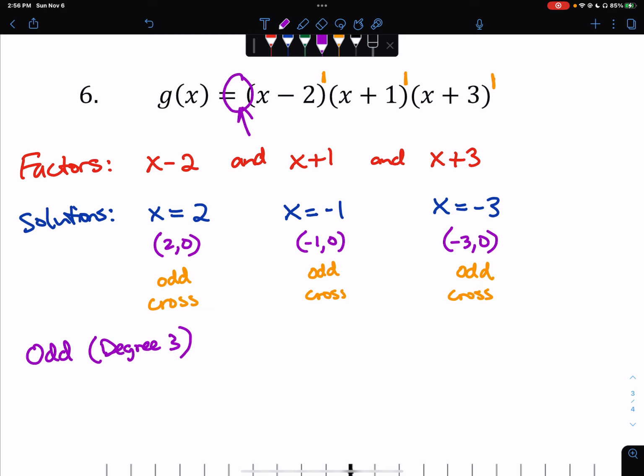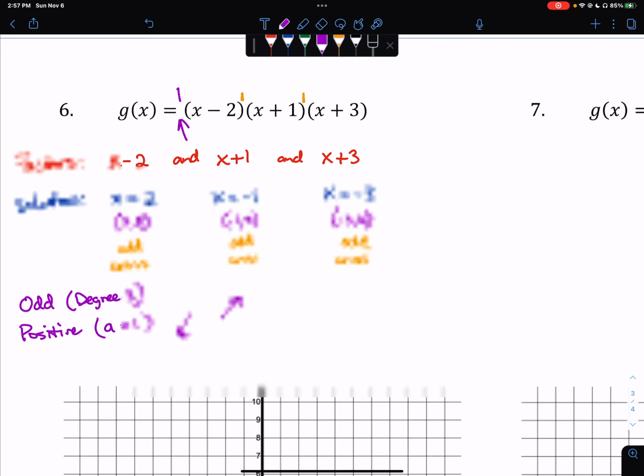And our leading coefficient, there's no number there, which means it must be a 1. So we have a positive function because a is just positive 1. Since a is positive, my right arrow needs to go up. Since my degree is odd, the arrows need to go opposite directions, so my left arrow must go down.